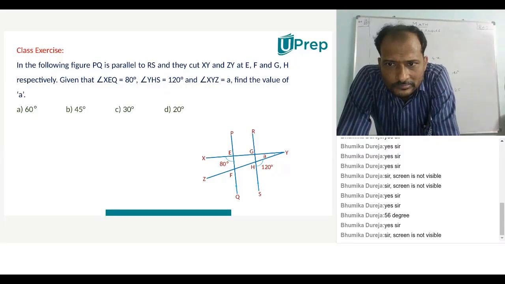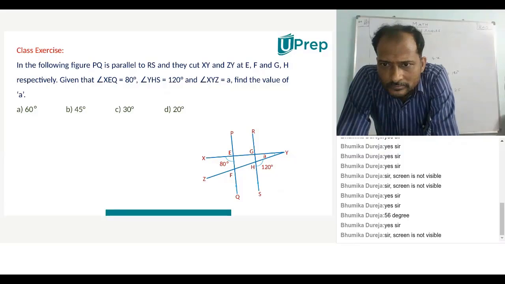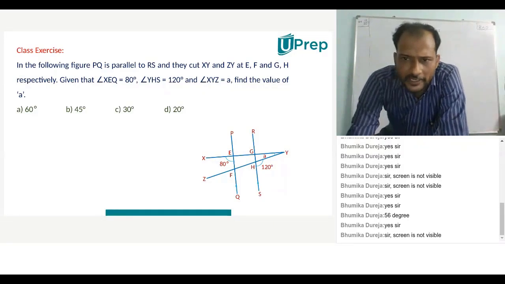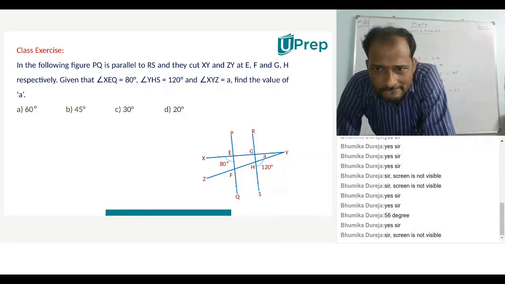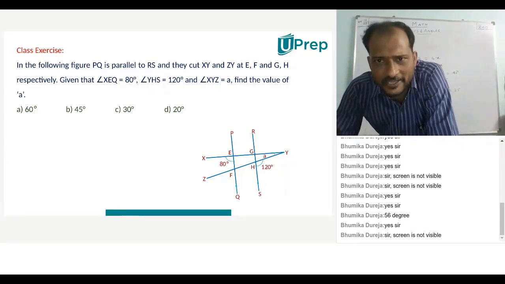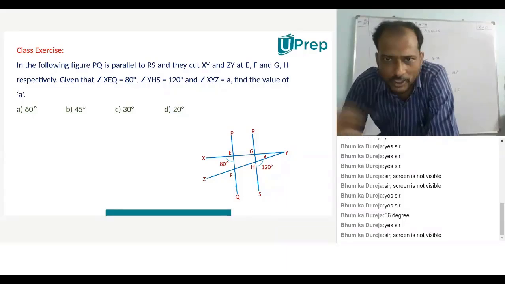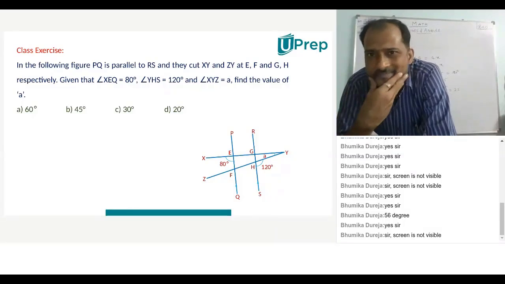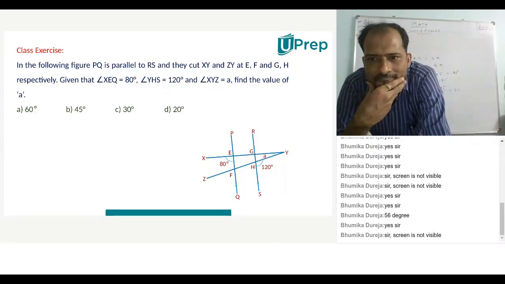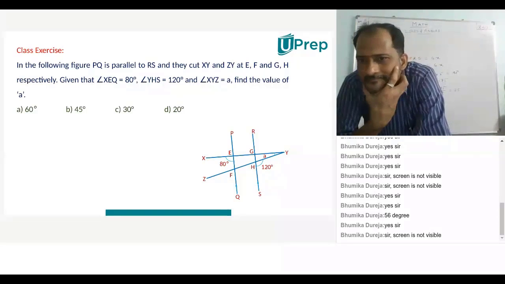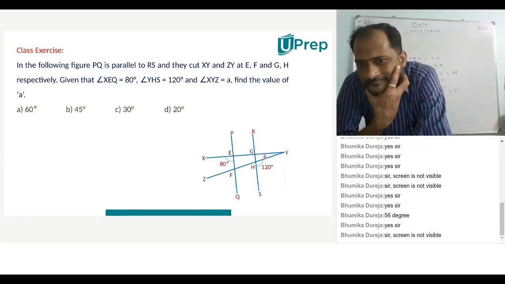Sir, angle XEQ will be equal to angle XGS, as it is a corresponding angle. Yes, you are right. So that will be 80. Then the adjacent angle on RS will be 100 degrees because of the linear pair.